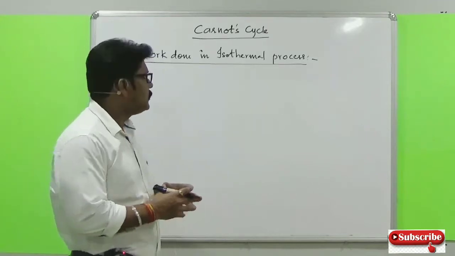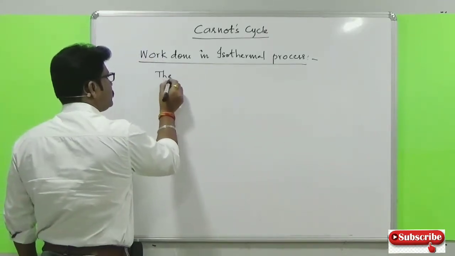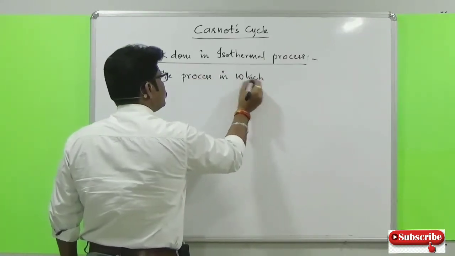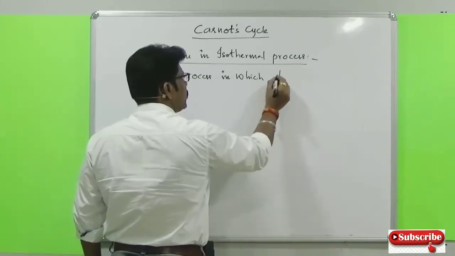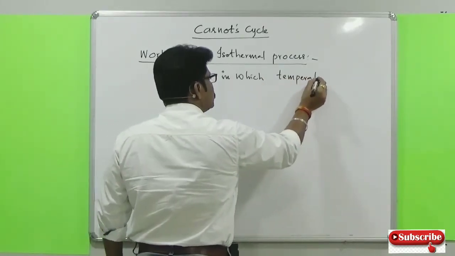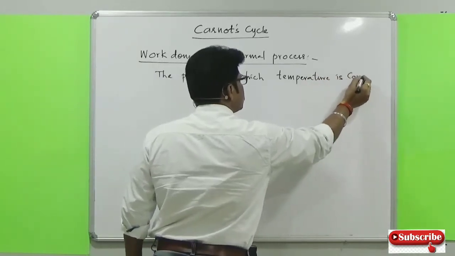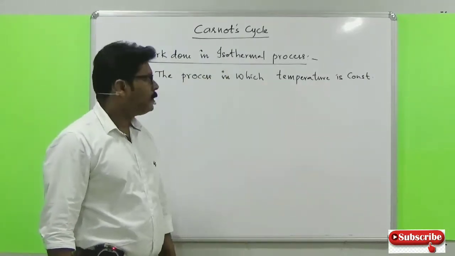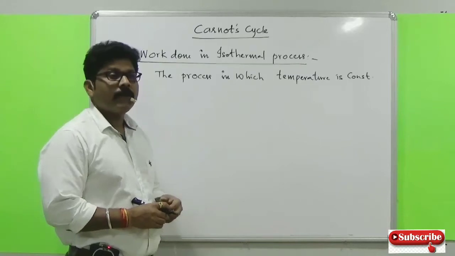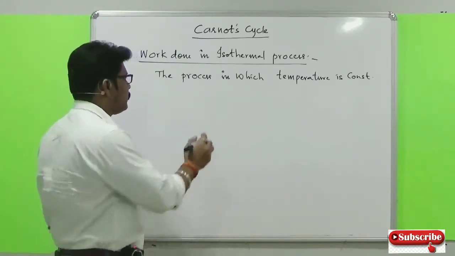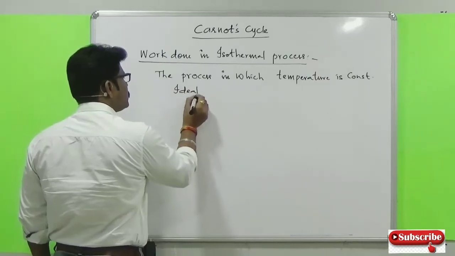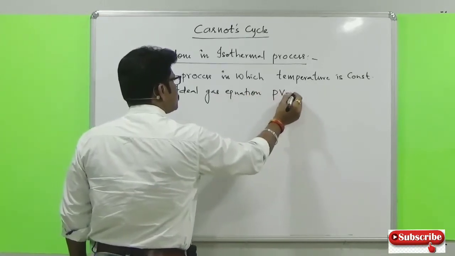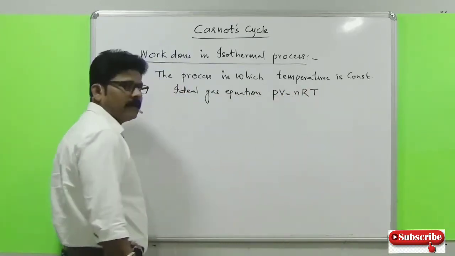Any process in which temperature is constant is called an isothermal process. Now when temperature is constant, according to the ideal gas equation, PV equals nRT.